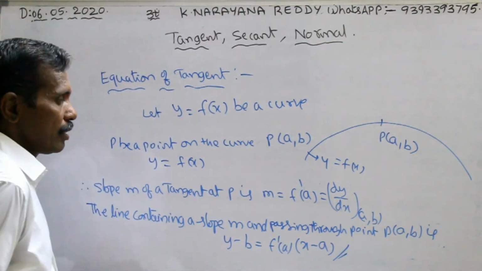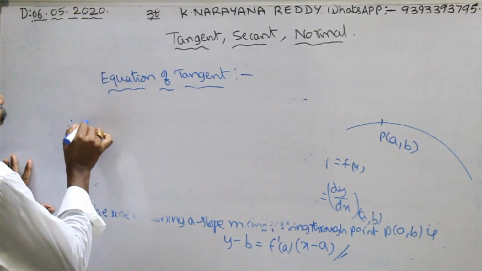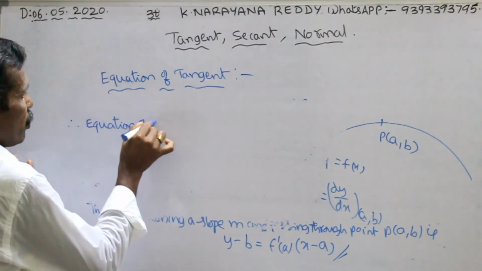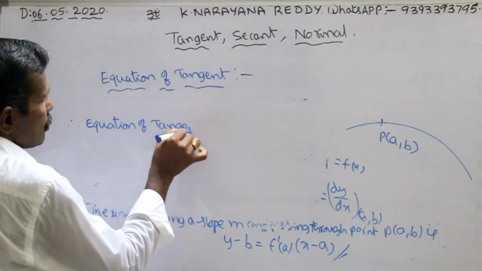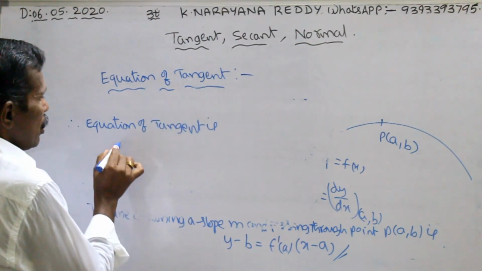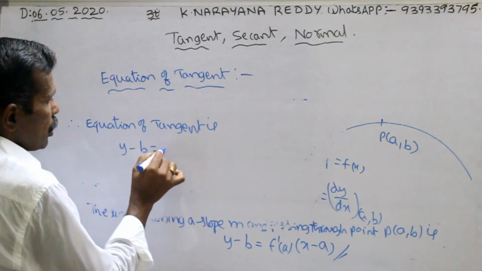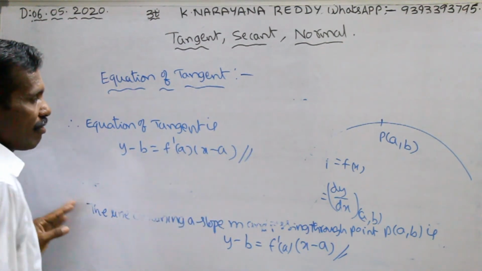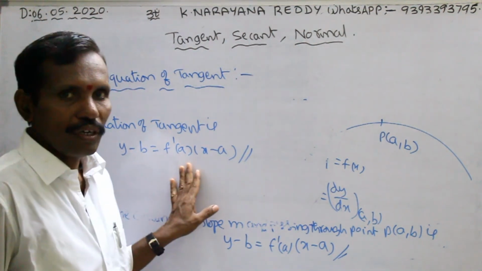This is the tangent equation. Therefore, the equation of tangent is y minus b equals f dash a into x minus a. That's all. This is the equation of tangent.